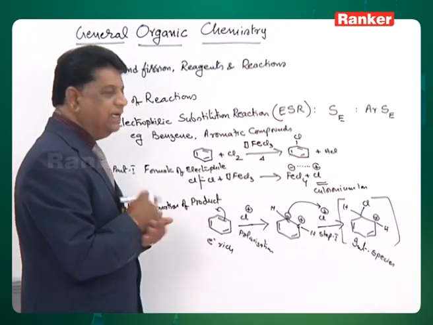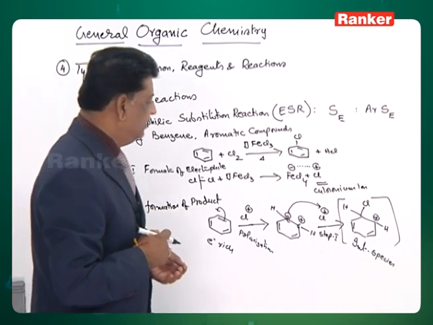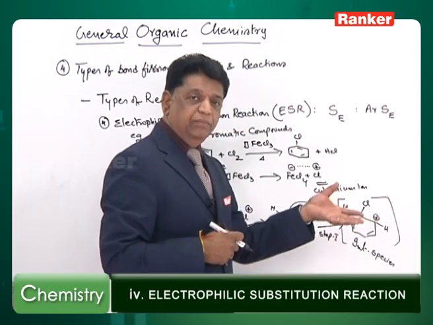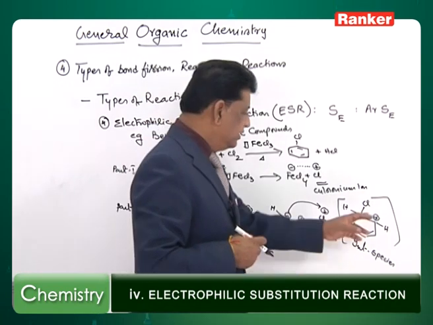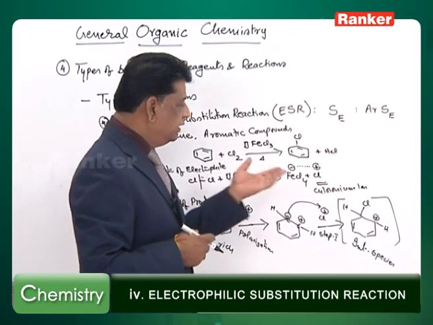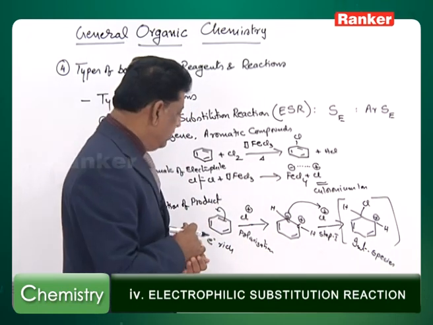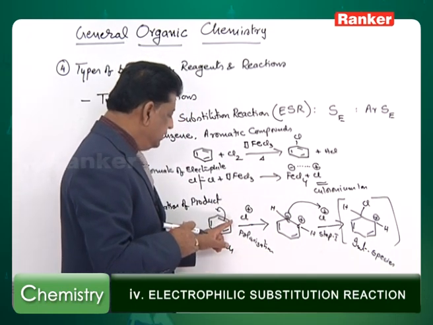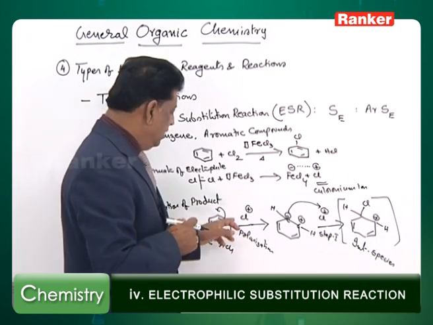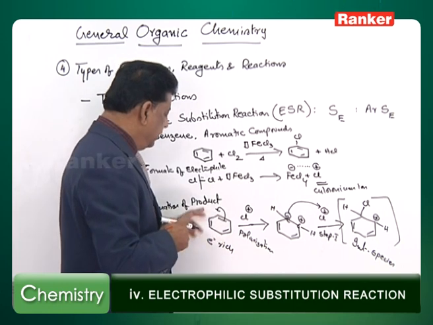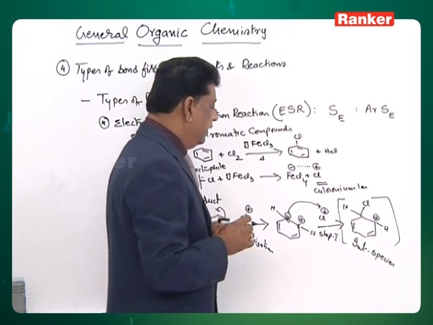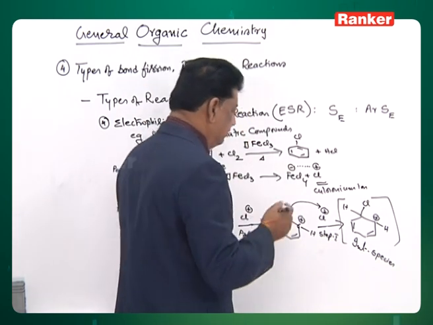Now, under what condition is the carbocation stabilized? For example, if there is an electron donating group, like a methyl group, or a group showing a mesomeric effect, such as an amino group, chlorine or OH group, that carbocation is stabilized. Therefore, with a donating group at this carbon, substitution takes place at ortho or para; if electron donating groups are present the reaction takes place there, which we will discuss later.